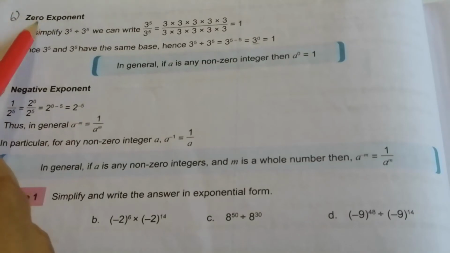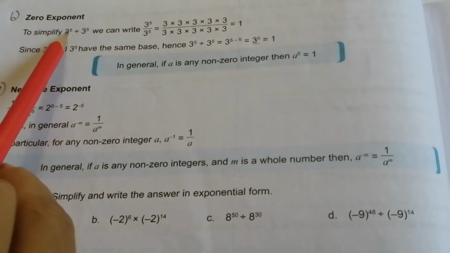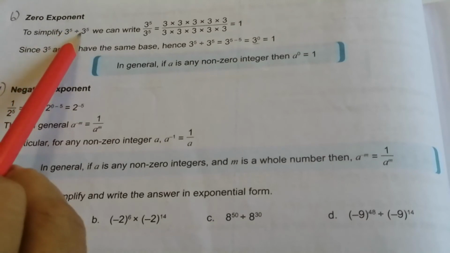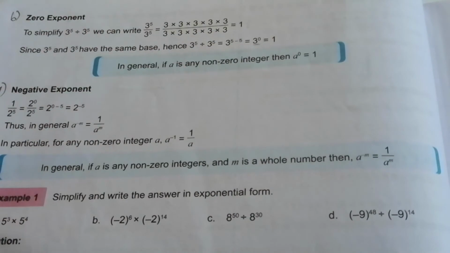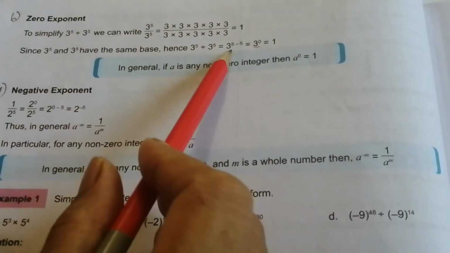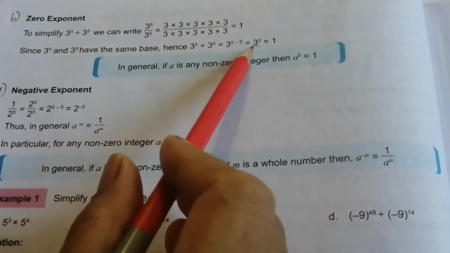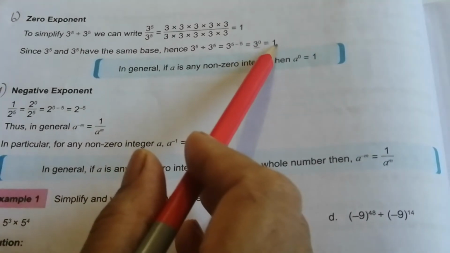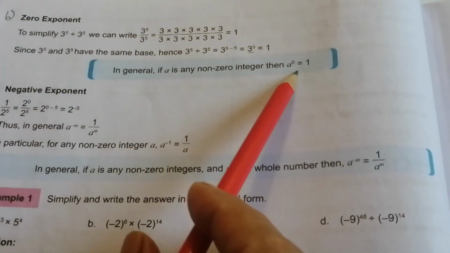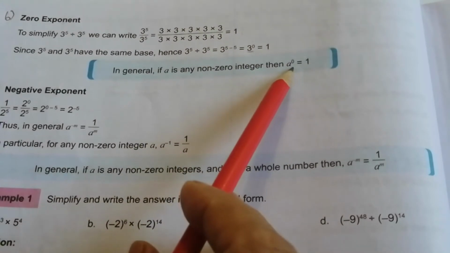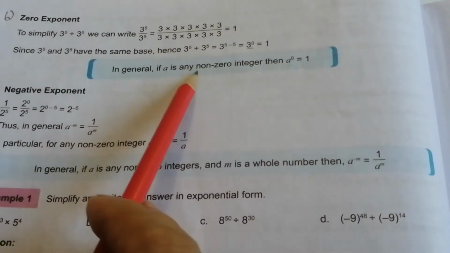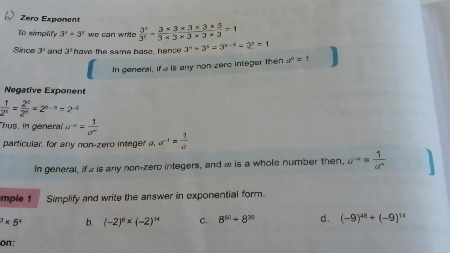Sixth law: zero exponent. Consider this example: 3 power 5 divided by 3 power 5. So we get 1. So 3 power 5 minus 5 equals 3 power 0 equals 1. The general form of this law is a power 0 equals 1, where a is a non-zero integer.